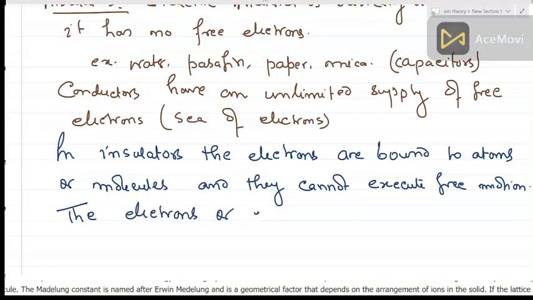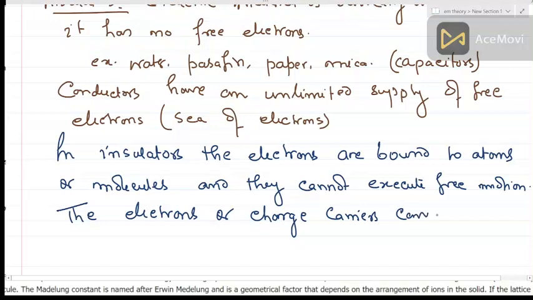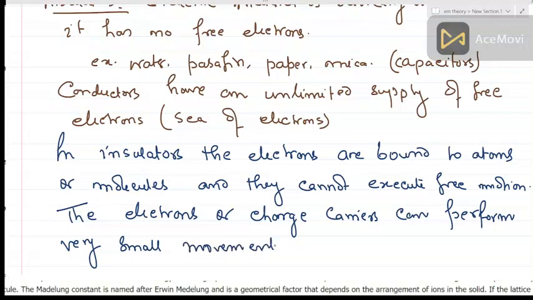The electrons or charge carriers can perform very small movements, not away from the atom or molecule to which they are attached, and this is the key aspect.